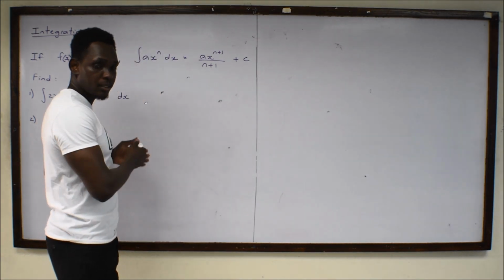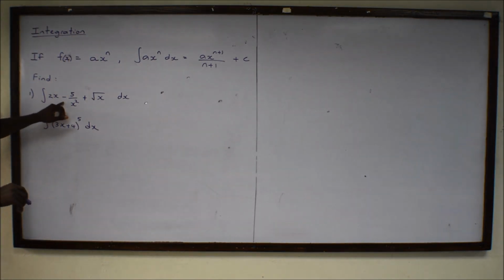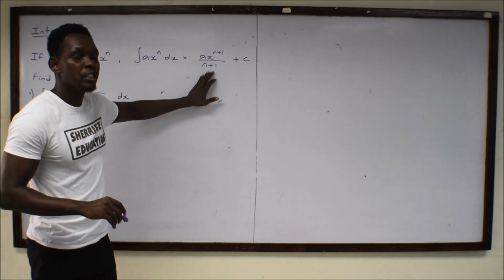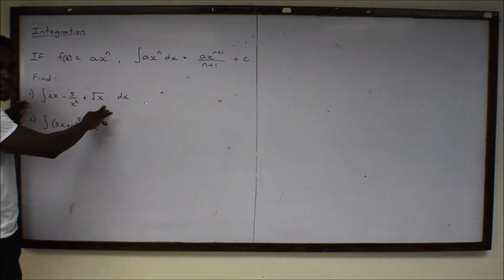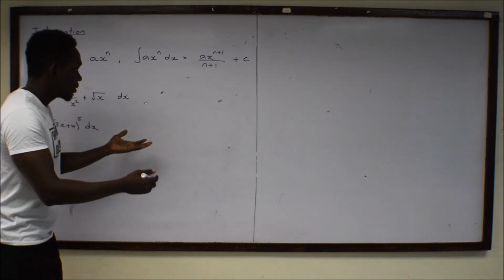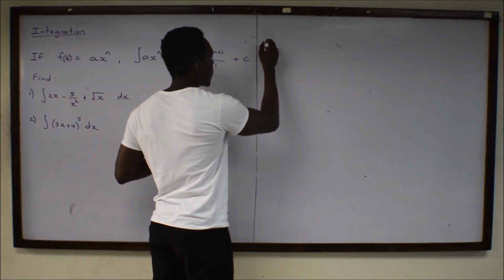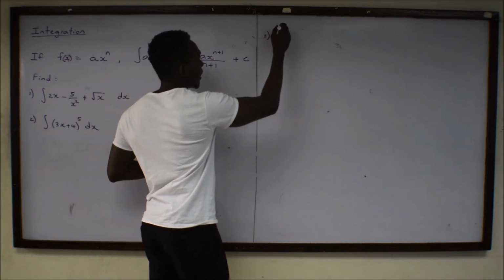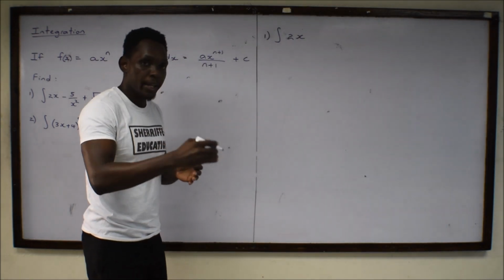So let's look at our problems. We want to integrate 2x minus 5 divided by x squared plus the square root of x. In order for us to apply this power rule, we need to rewrite this in a way that allows us to apply it. The 2x is fine, so this is just 2x to the 1.